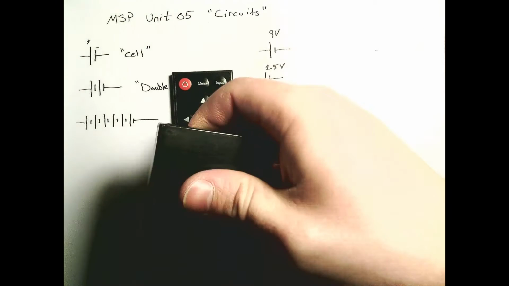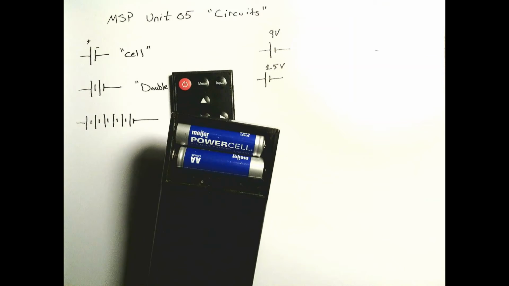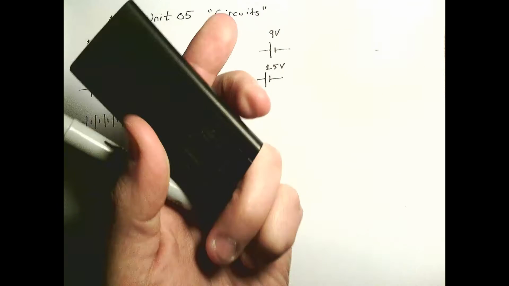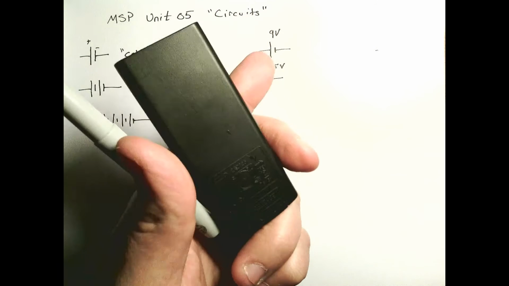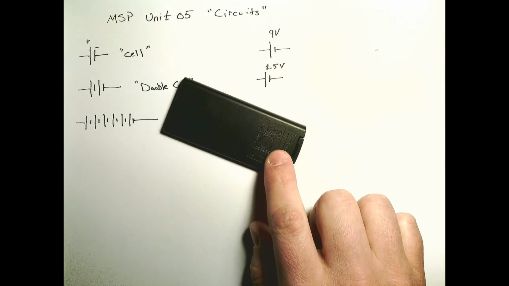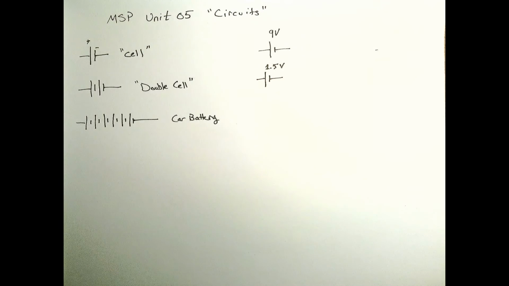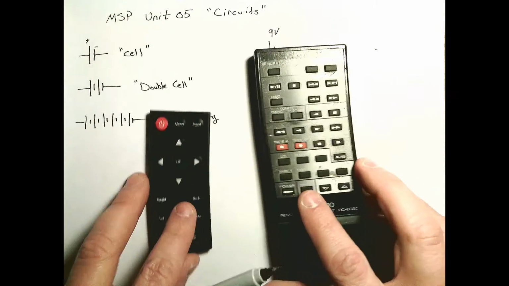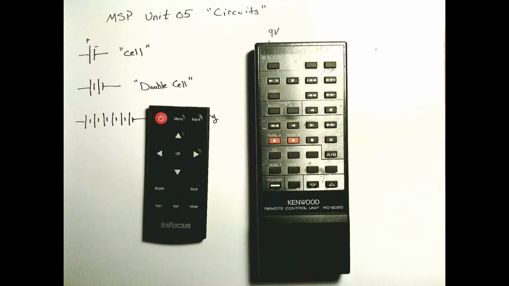This remote takes AA. This remote, okay, takes a CR2025. Believe it or not, the CR2025 is a 3-volt battery. There are two AA's in this remote, this big one, that also are 3 volts. These two remotes are powered by the same voltage.